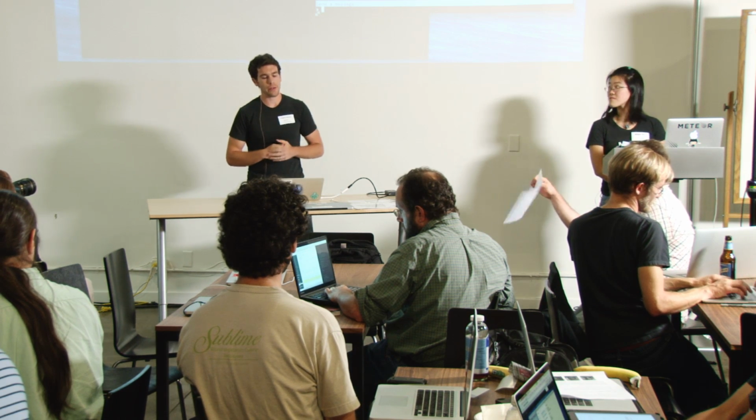So the question was, are there other implementations of this in Python? The answer is yes. I found the documentation on those to be sparse, and some of the implementations were not as complete as they said they were. And some of the syntax I didn't really like, so I tried to make something that was easy to use and kind of felt like the way Meteor should be, I guess.